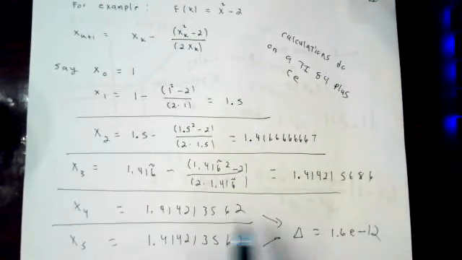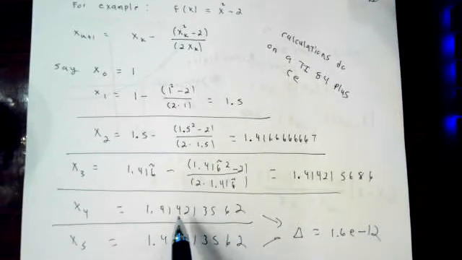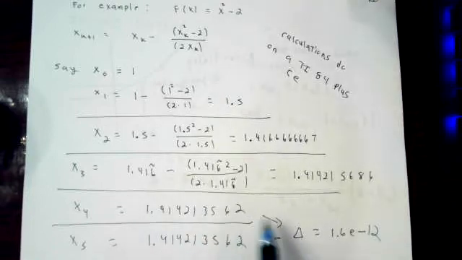But since I saved the previous one, I subtracted it from my new answer, and the difference is about 1.6 times 10 to the negative 12 power. So visually, if I didn't know any better, I would think that x₄ and x₅ were exactly the same, but in reality, they're very slightly different from each other.